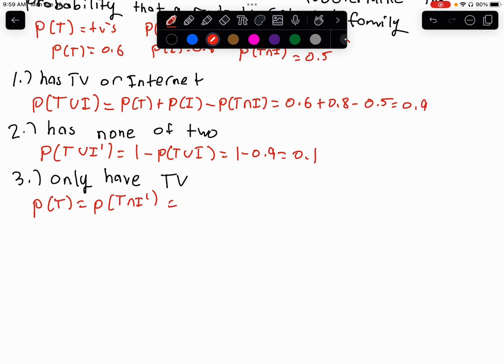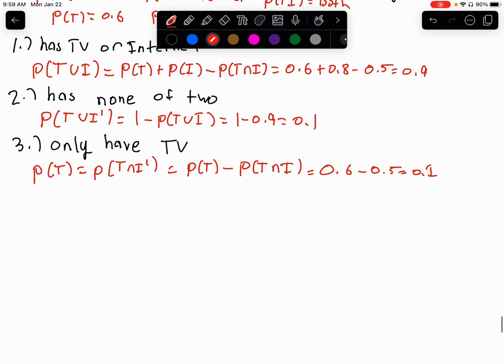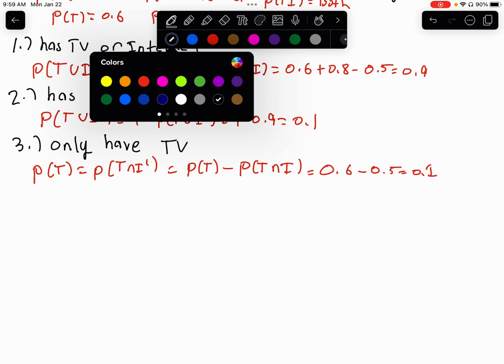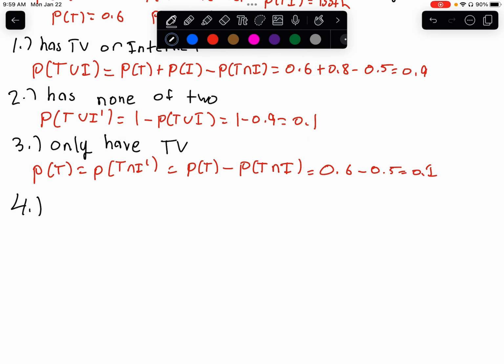So that equals the probability of TVs occurring minus the probability of TVs and internet occurring. That equals 0.6 minus 0.5 equals, again, a 10% chance that they only have a TV. Our last one, number 4, only has internet. So we're isolating both.